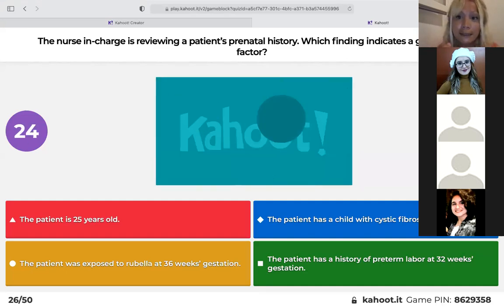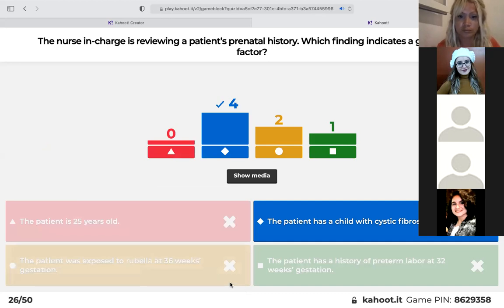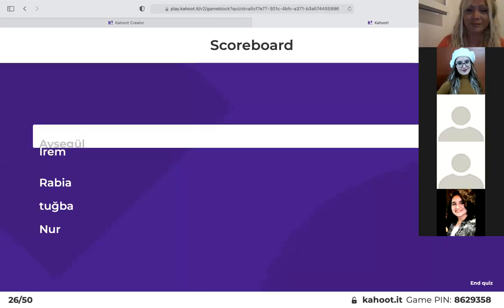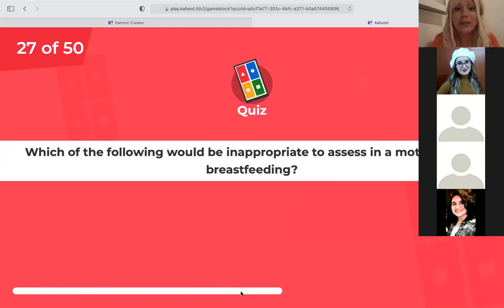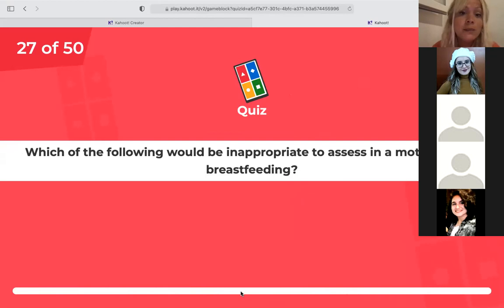Which finding indicates a genetic risk factor? Which of the following would be inappropriate to assess in a mother who is breastfeeding?